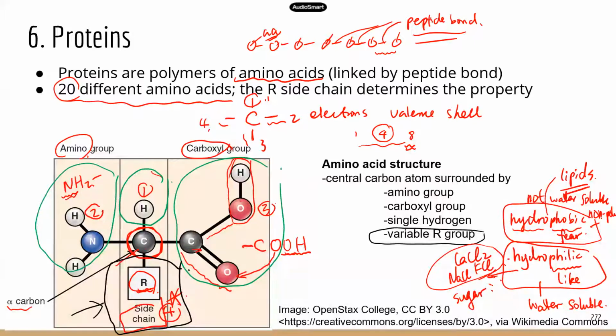Sugar, glucose or sucrose, the sugar that you usually have in your pantry, they also dissolve in water very easily. So the salts, the sugars, most of the smaller carbohydrates, disaccharides, monosaccharides, those simple sugars are usually very hydrophilic.